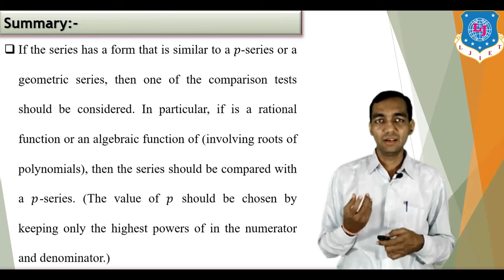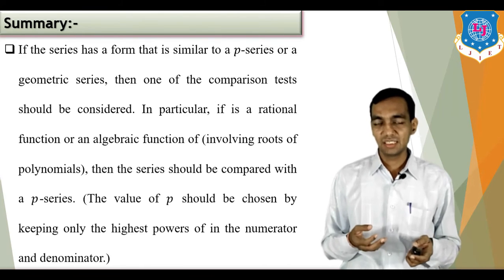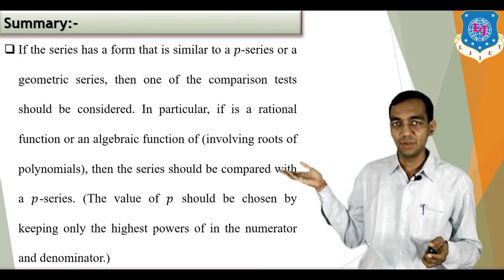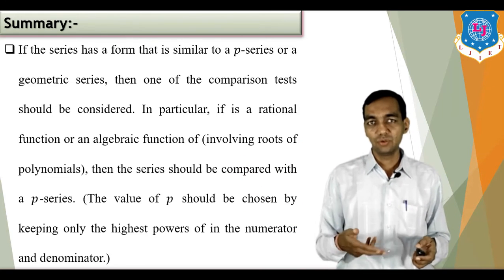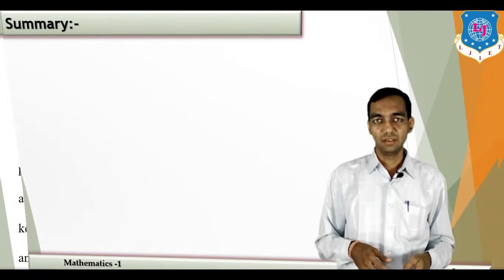How to find the value of p, we have already discussed. You take the dominant part from the numerator, the dominant part from the denominator, and then calculate the value of p.